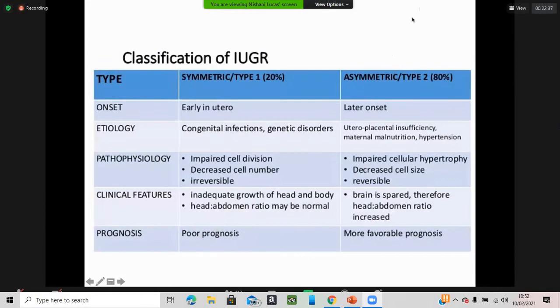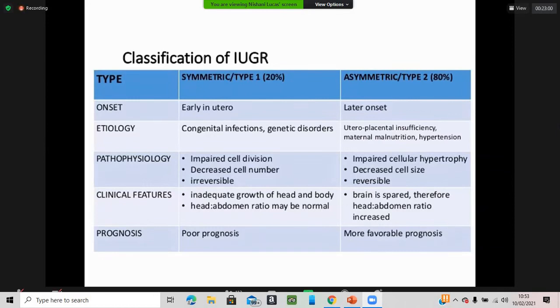Okay, so we talked about how growth restriction is classified, right? Symmetric, which is sometimes called type 1, accounts for 20% of growth restriction. Here the percentages are a little different, where the onset is early on in utero.